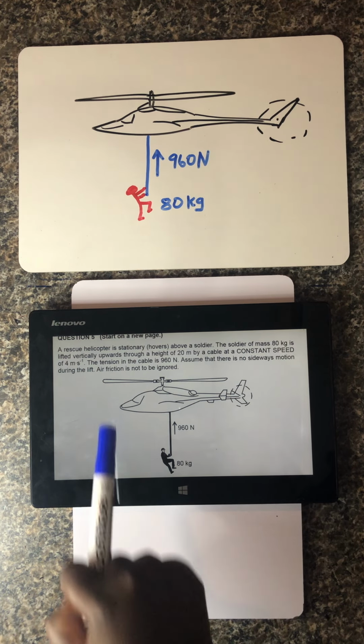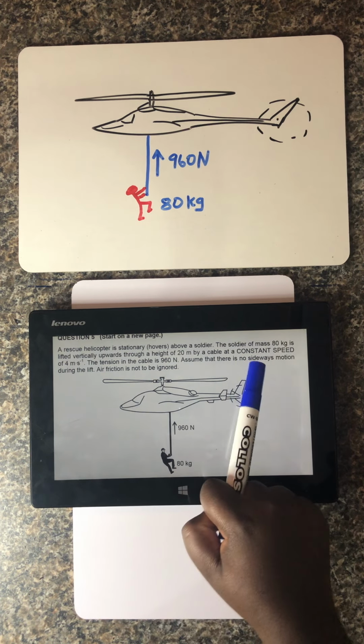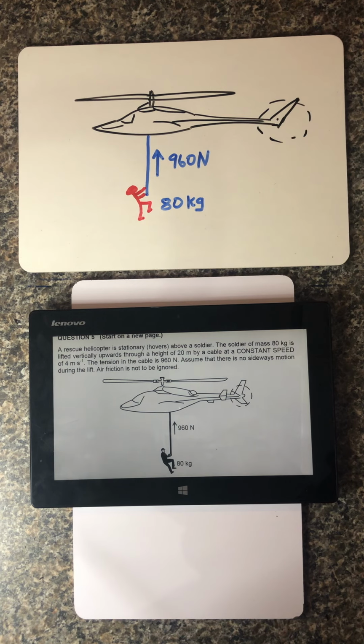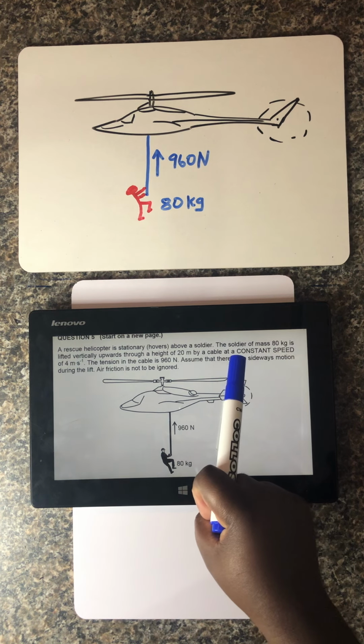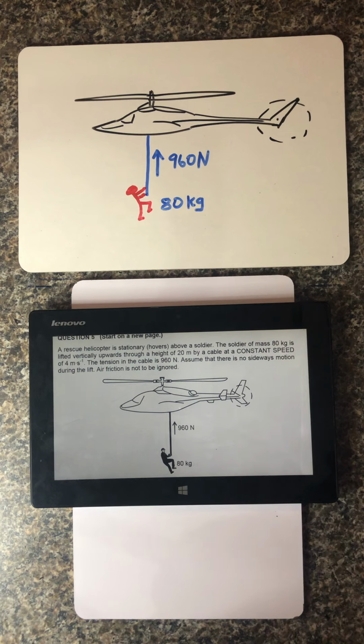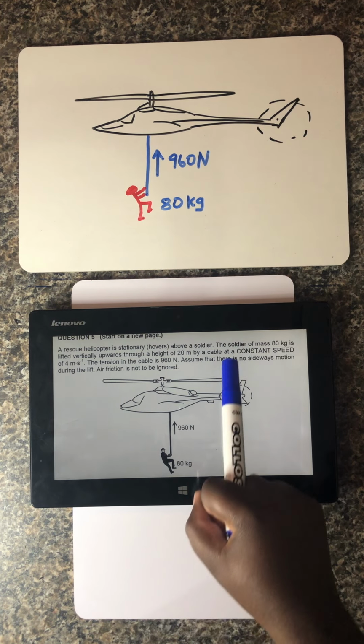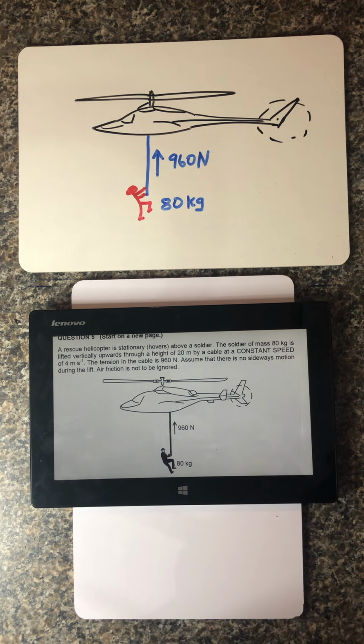Everything is written in small letters, but that part is written in capital letters. So just make sure that you stay with me until the end of this lesson, because I need to show you exactly why that is important, and why it was written in capital letters.